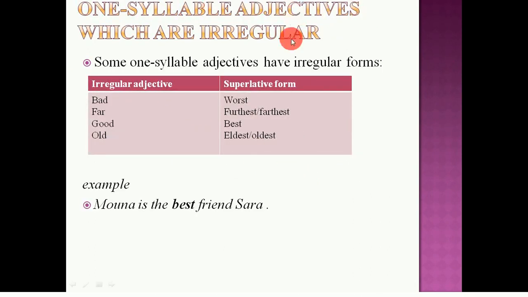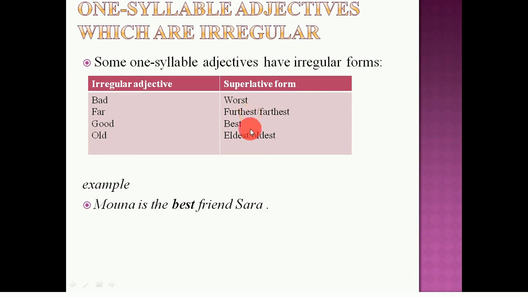One syllable adjectives which are irregular. عرفنا وش معناها irregular. irregular معناها غير نظامي لا تطبق عليه أي قاعدة غير نظامي ما نقدر نطبق عليه القاعدة. Okay so some one syllable adjectives have irregular forms. عندهم irregular forms كيما you have the irregular adjectives هذو for.